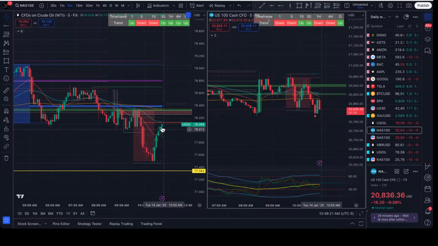Still just waiting for it to hit that 50, hit that New York fair value gap, and then figure out which way it wants to go. Pushing up further now into that New York fair value gap, into the 50.